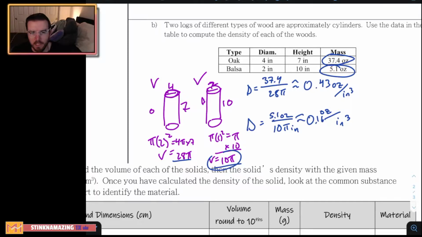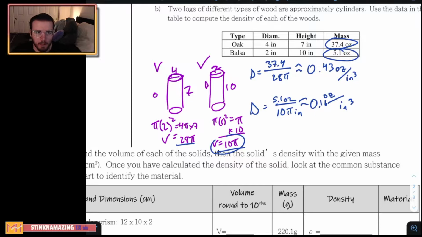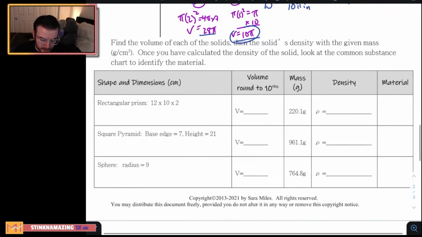It's very heavy. And yeah, it's because it's more dense. And balsa, I don't actually... What do they make with balsa? I know furniture is made with oak. I don't know what they make with balsa wood, but it's definitely weaker, okay? You could probably crack a 2x4 of balsa over your knee, but maybe not oak. You might break your kneecap.